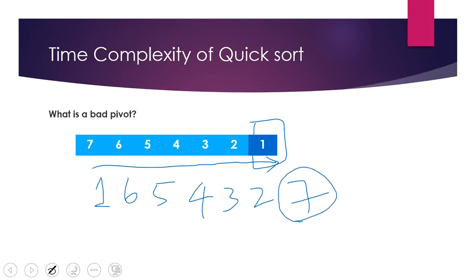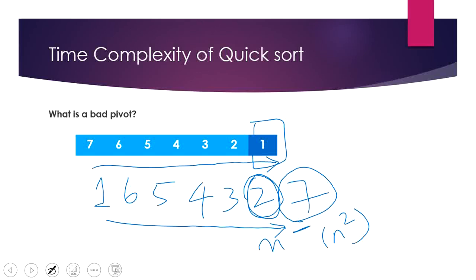It scans the complete array to find there are no elements greater than 7, and then it picks 2 as a pivot and scans the complete array to place the 2 at its exact position. So every time it scans the complete array of size n, and finally it ends up executing in n square time complexity.